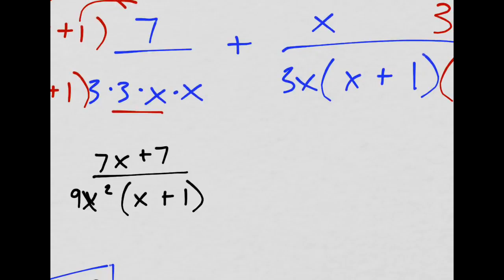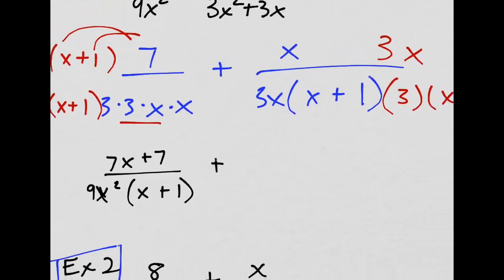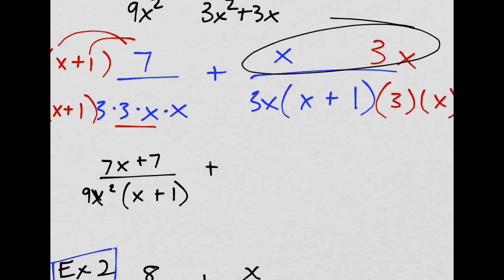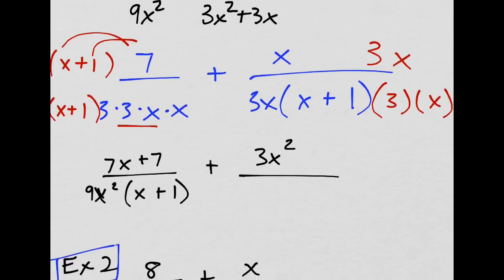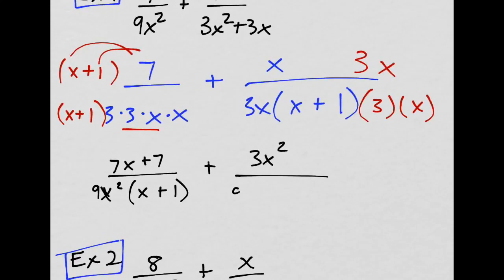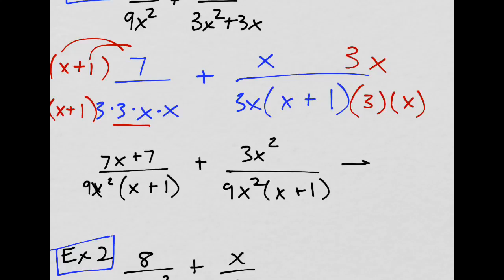Eventually we'll get there, but I'm going to do it in another step. And then on the top here, what do I get? 3x squared. Beautiful. And in the bottom, it should be the same thing, right? So the denominators are the same now.